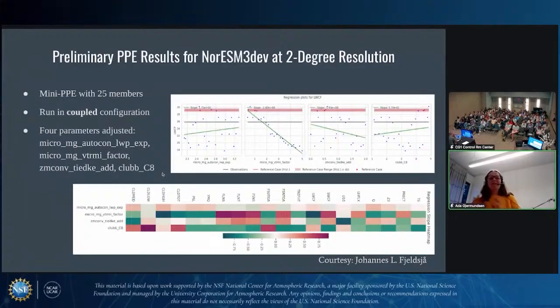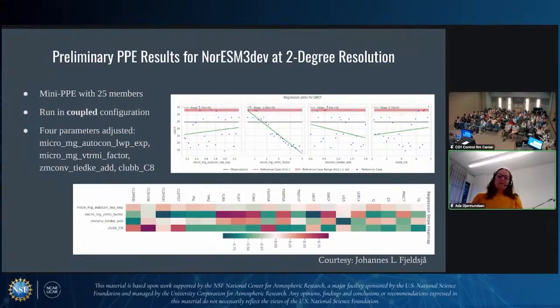So what we have done now is more like a test of a method. It's like a mini PPE. We will expand this in the future, but we tested first with just 4 parameters at 25 members. We want to do this in coupled configuration, because the experience for CMIP6 was that we did a lot of PPE work on atmosphere and land, and then we coupled it with the ocean, and everything was different from how it looked in atmosphere and land alone.